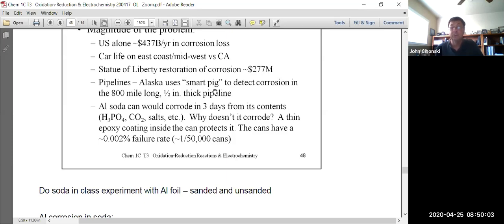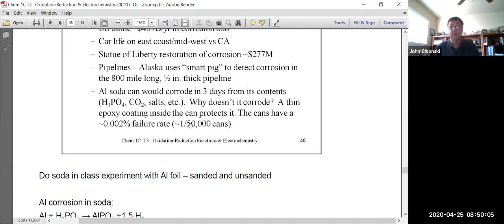Now, to finish off corrosion, as I said, we don't want to get into it in any depth. One of my favorite inhibitor applications is an aluminum soda can. We've seen aluminum cans, we've used them for years.